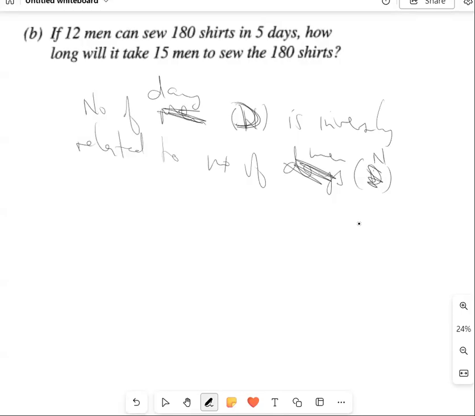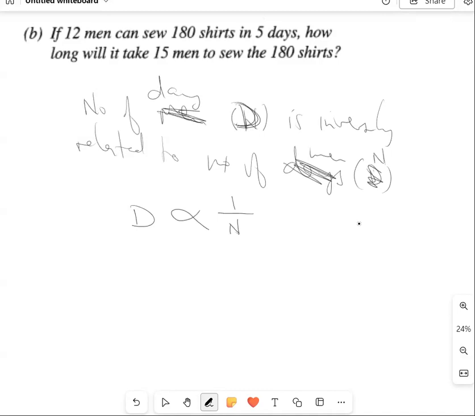So what we could say is that the number of days, D, is related to the number of men by an inverse relationship, 1 over n. You can read this as the number of days is inversely proportional to the number of men needed for the job.